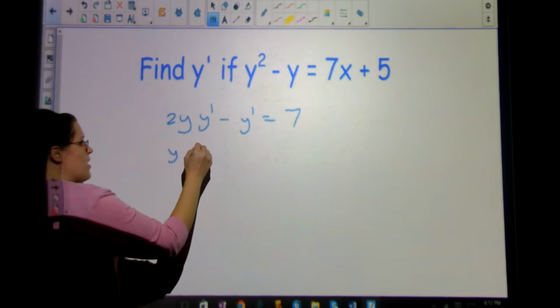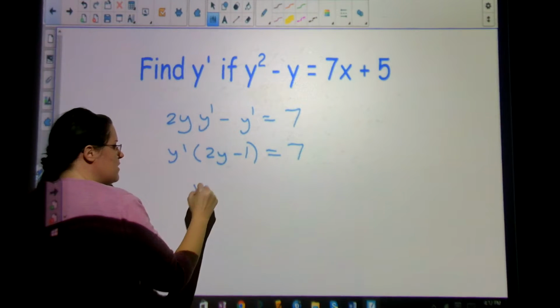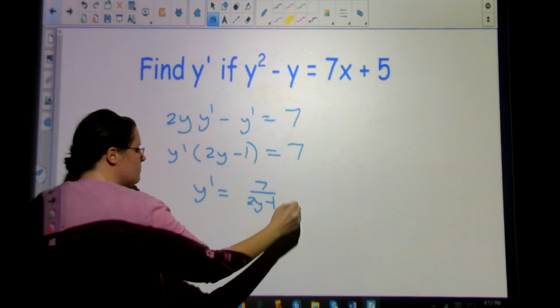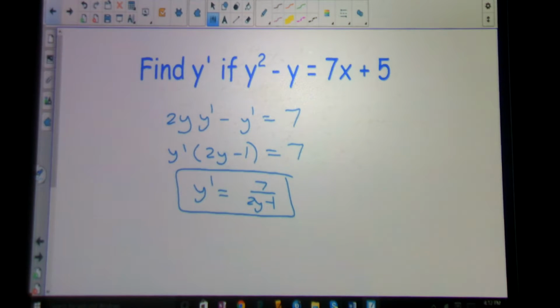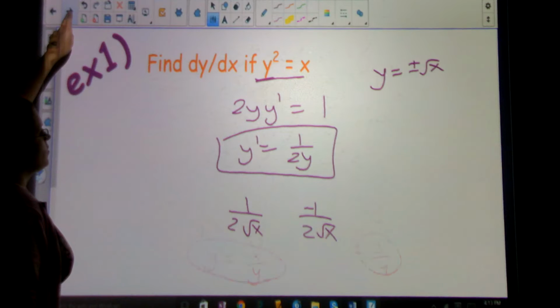Let's factor out a y prime and divide. I don't know about you, but I would prefer implicit differentiation any day to having to complete the square and then do a derivative with the chain rule. Blech. So implicit differentiation is another shortcut. It is a shortcut for more complex, not necessarily functions, but expressions.